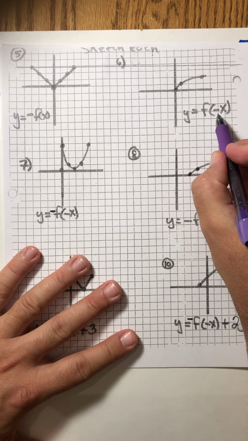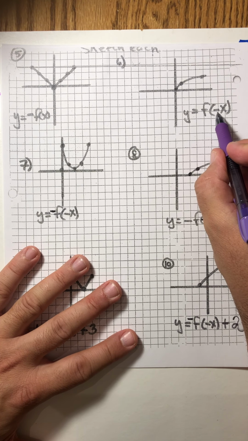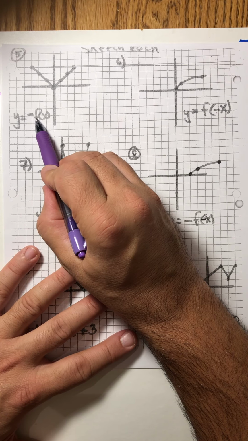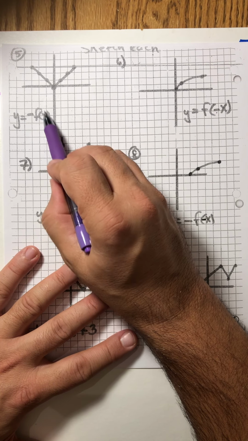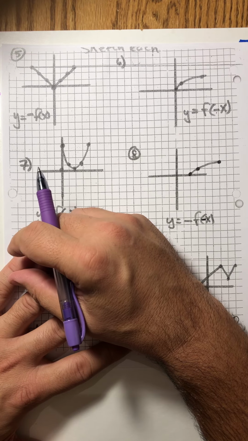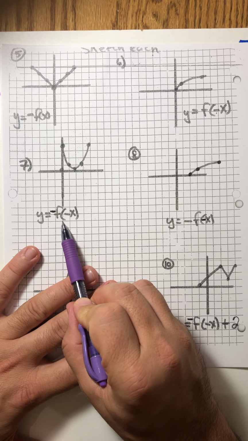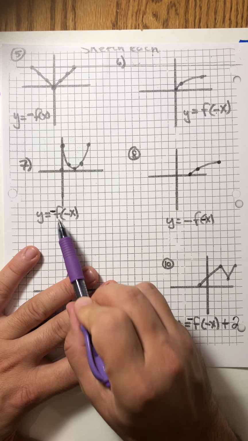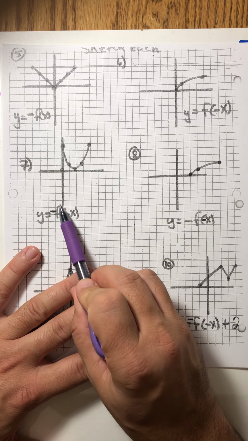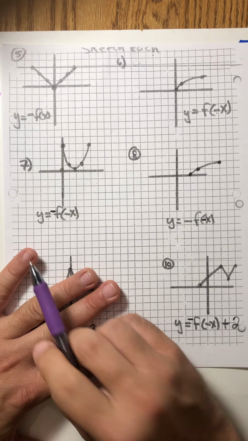Literally what I'm doing is taking all the x's and multiplying by a negative 1. Here I'm going to take all the y values and multiply by a negative 1. Okay? What do we do here? That's right. We negate the x's and we negate the y's. Okay?